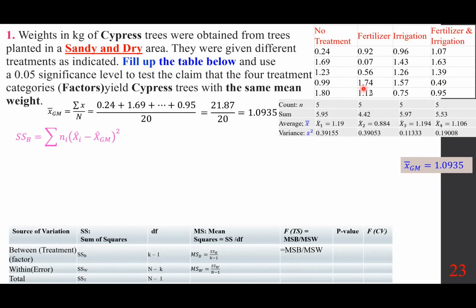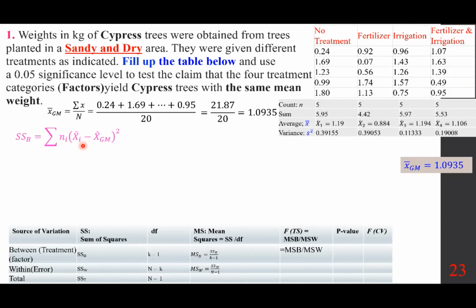Then we have the sum of squares in between: n sub i times (x sub i bar minus x sub the grand mean). So in this case, for example, n is 5, that means n sub 1 in essence.